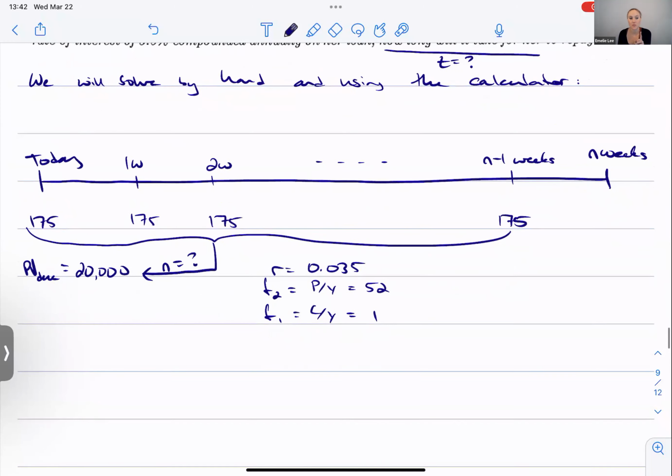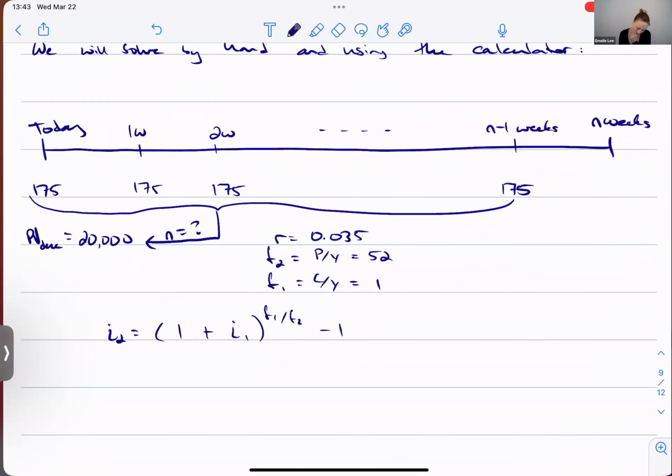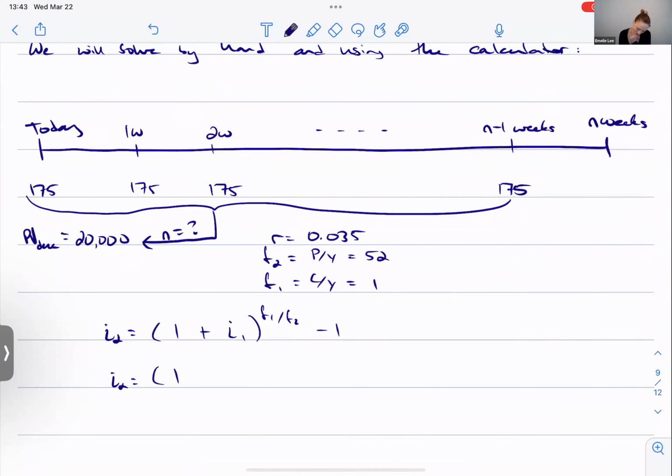First thing we need to do is find I2. I2 is 1 plus I1 to the power of F1 over F2 minus 1. 1 plus 0.035 divided by 1 to the power of 1 over 52 minus 1.